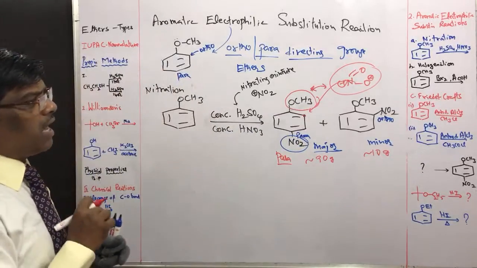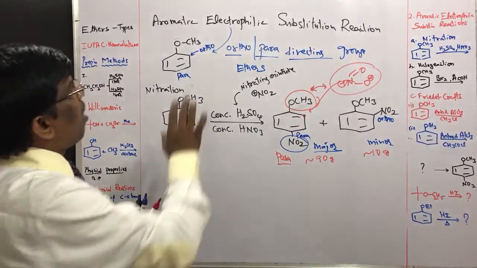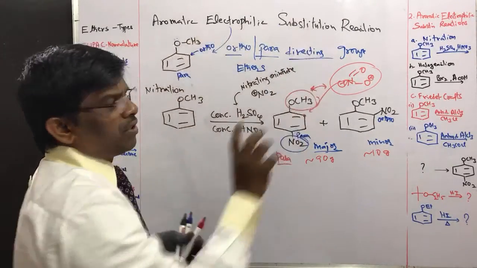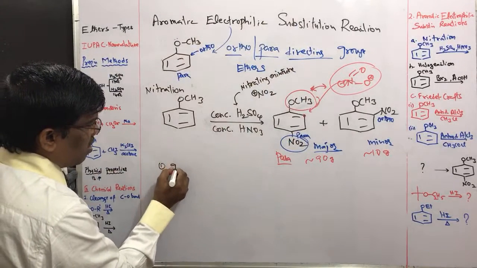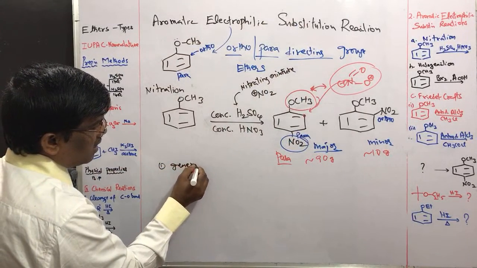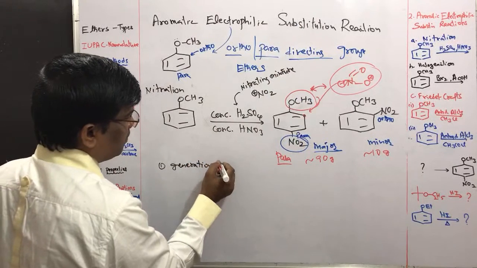And what is the mechanism? In all electrophilic aromatic substitutions, there will be 3 steps. The first step is generation of the electrophile. What is the next step?